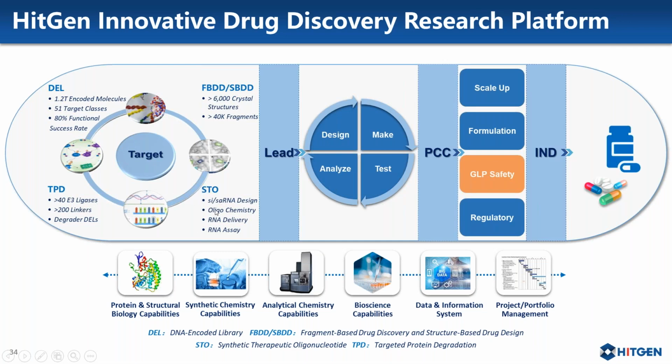The last one is that in the last 2-3 years, we have set up our synthetic therapeutic oligonucleotide platform. Based on that, we have also set up other capabilities, including chemistry, protein, bioscience capability, and data and information systems. All of these capabilities can provide services outside.